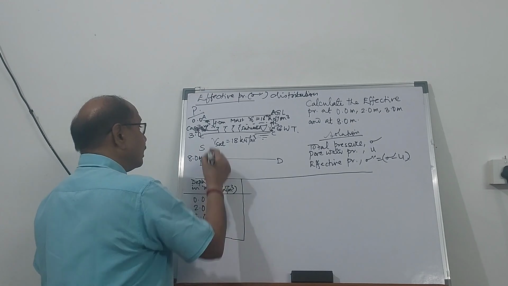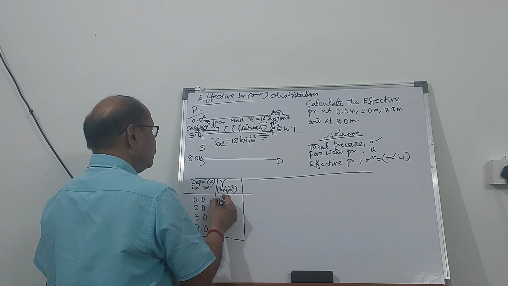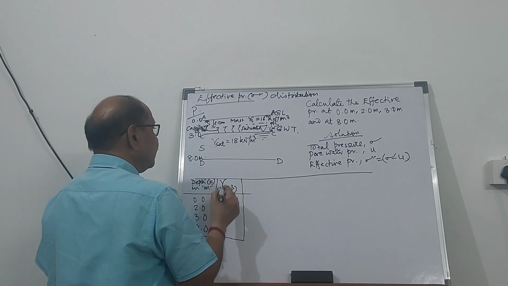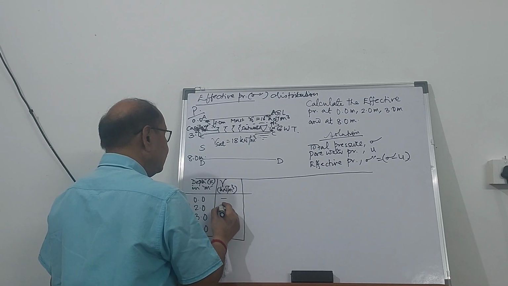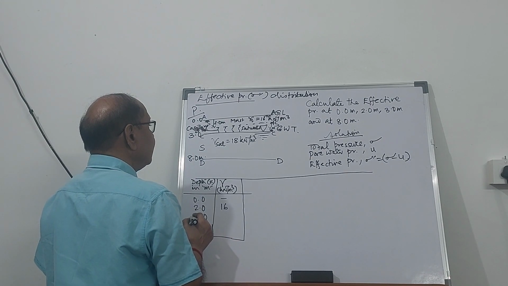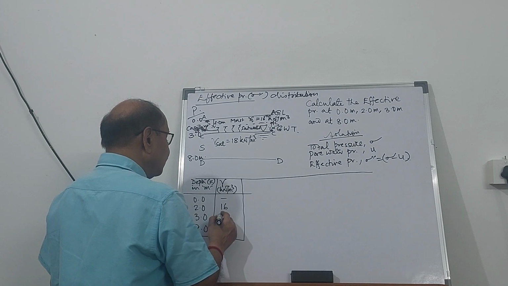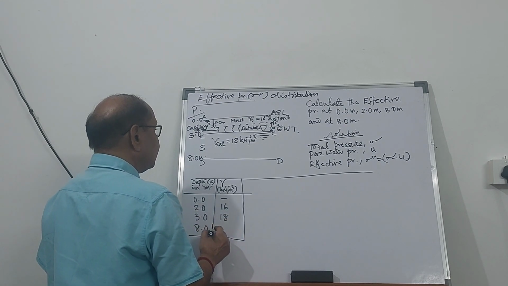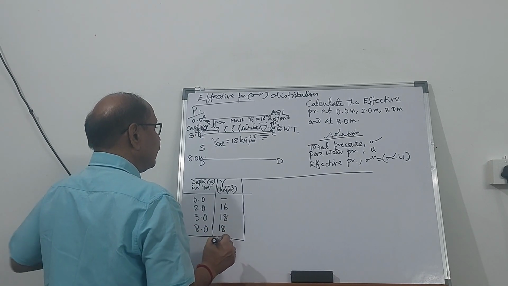That's given over here: 0 at 0, from 0 to 2 meter it is going to be 16. At 3 meter, it is going to be fully saturated because of the capillary action, and it becomes 18. And up to 8 meter, it is going to be 18.